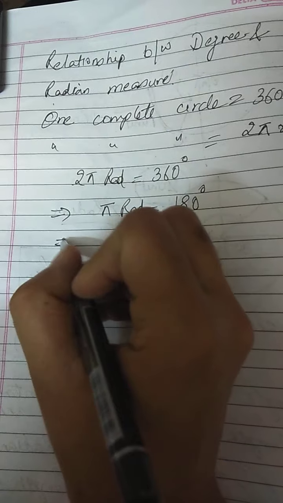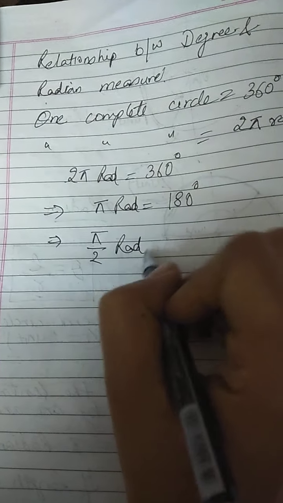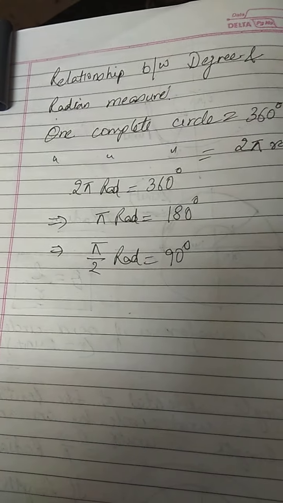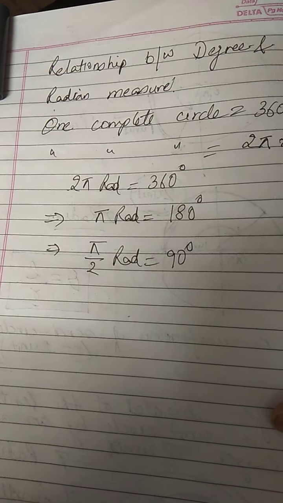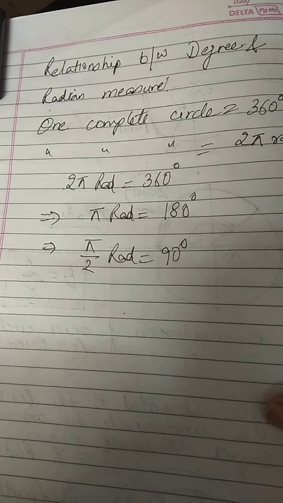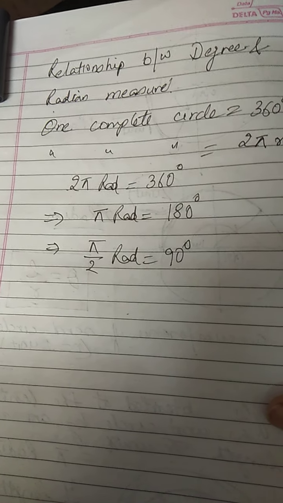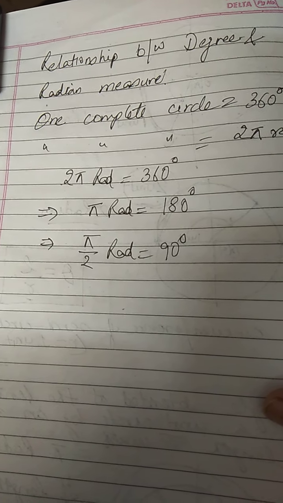Which further implies pi by 2 radians will be equal to 90 degrees. That means one right angle is 90 degrees according to degree measure, and one right angle is pi by 2 radians according to radian measure.